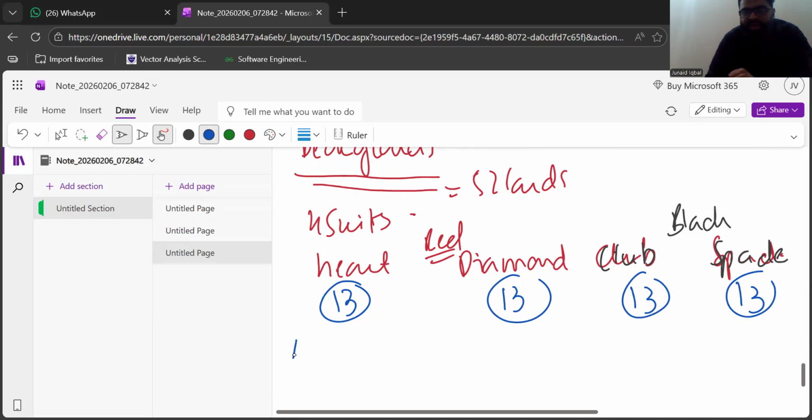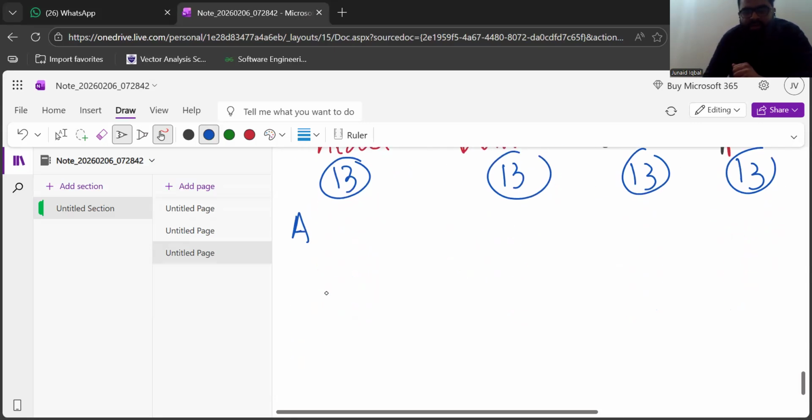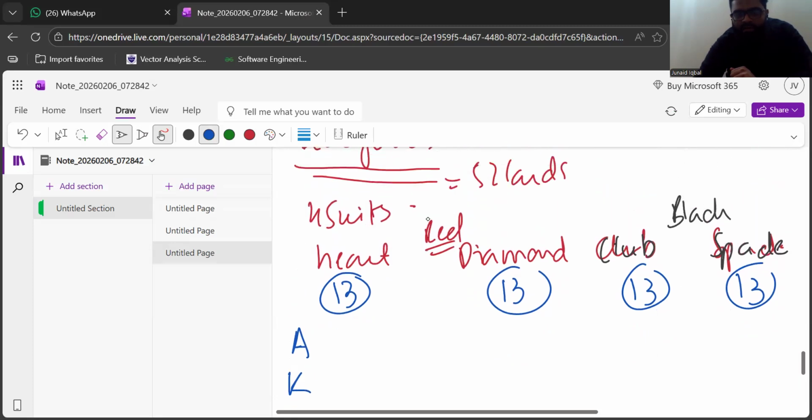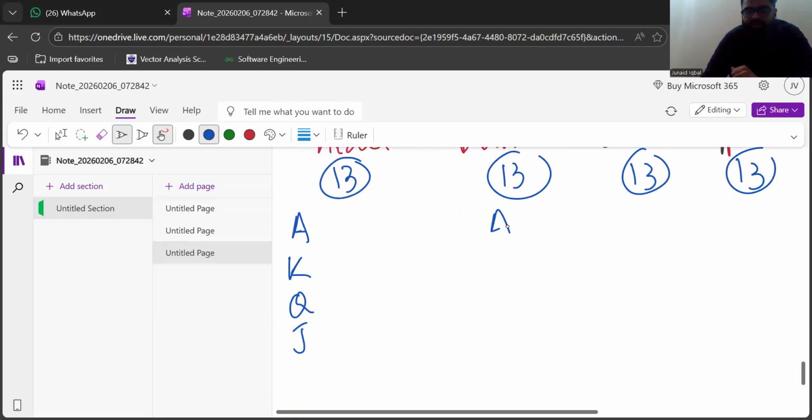It starts from ace, which is also referred to as 1, but we write it ace, and it has a king, a queen, and a jack. Similarly, for diamond we have ace, king, queen, and jack, and the same for club and spade.